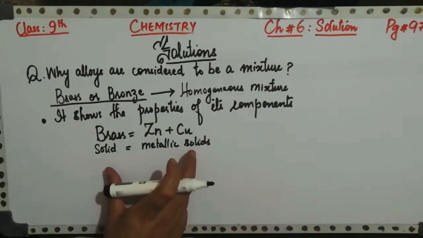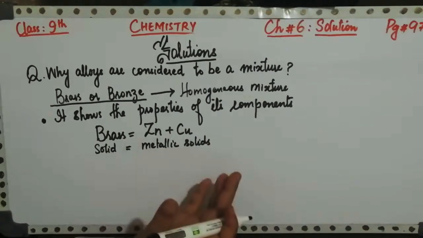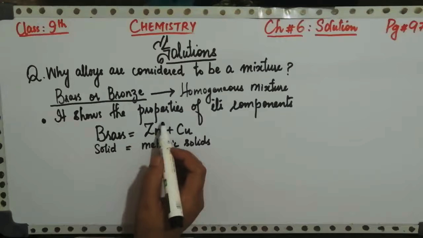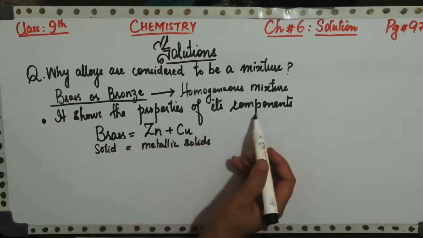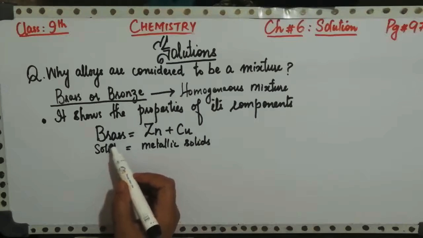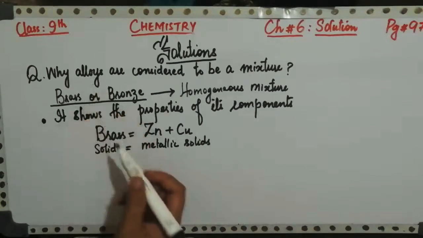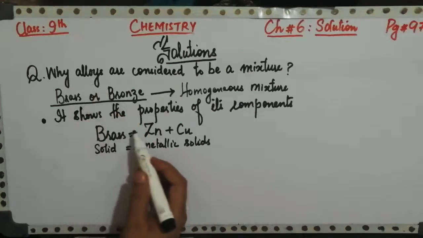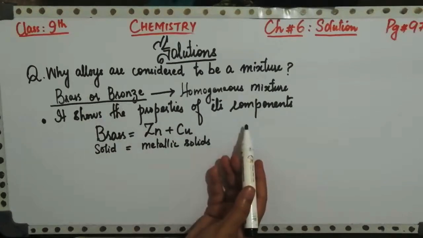So solids do not have different properties in them. They have the same properties. So if the components' properties are similar to the brass or any other alloy, then it indicates that they show the properties of its components.